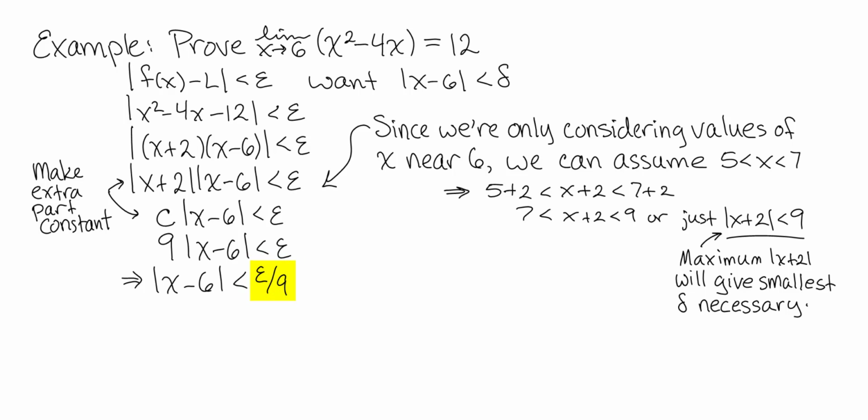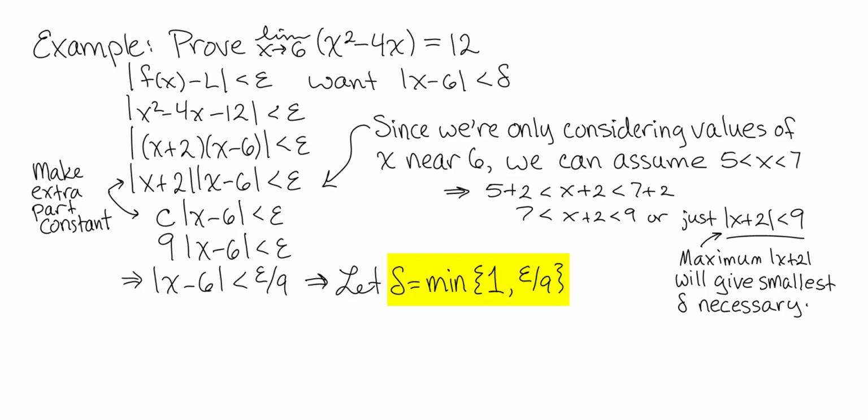Epsilon over 9 is smaller than if we had used the 7, because then we would have had epsilon over 7. Epsilon over 7 would be the larger delta, and we need to choose the smaller delta. So by choosing the larger value in the inequality, we end up with the smaller delta. Now when we write our answer, we're going to write it a little differently than we had before. We will say, let delta equal the minimum of 1 and epsilon over 9.